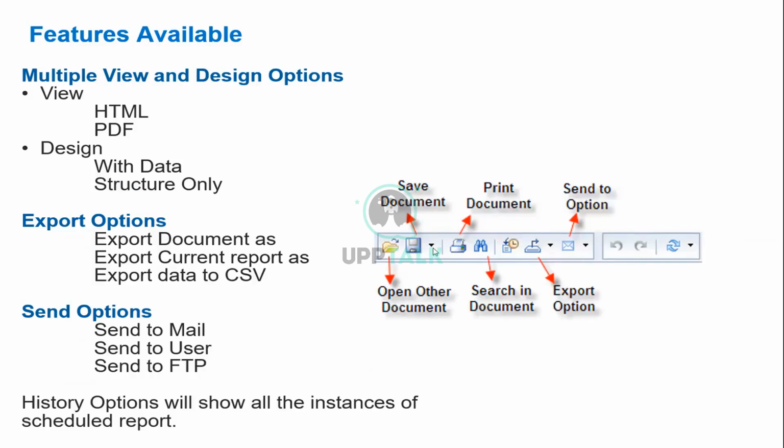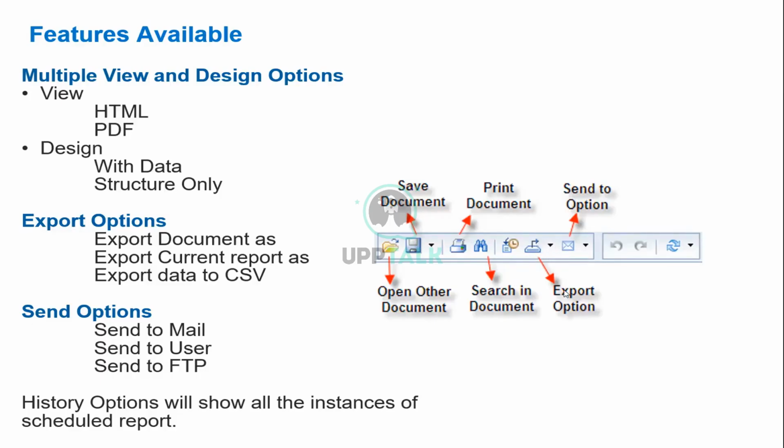If you want to save with another name, we have to click this black triangle here. Then there will be the Save As option, and we can save the report with some other name. We can print the document or we can search in the document. Inside the document also, we can search if we want to see something.